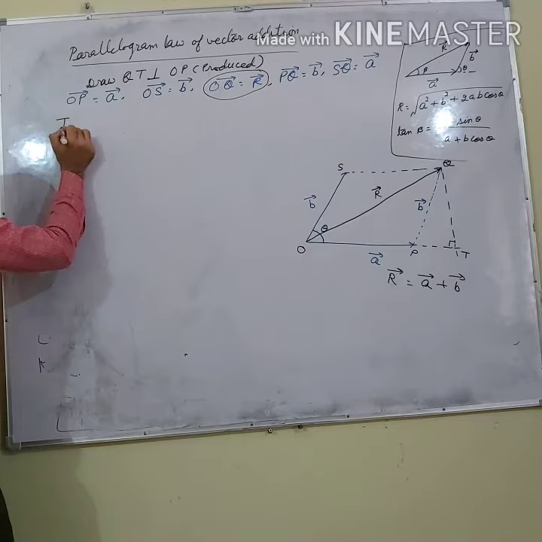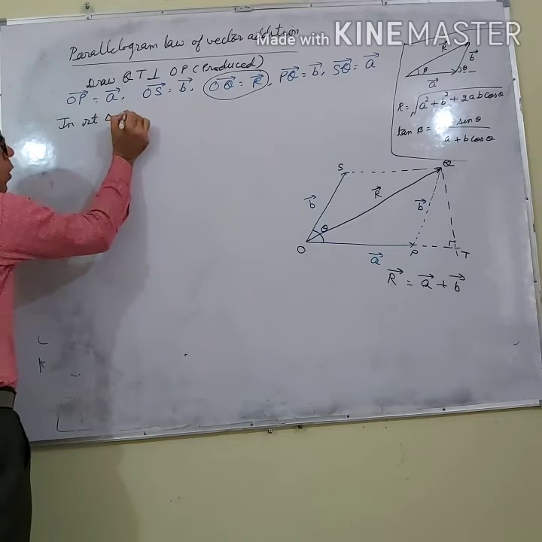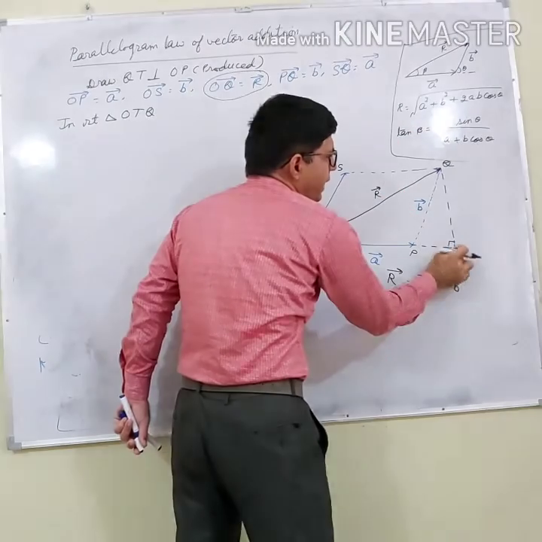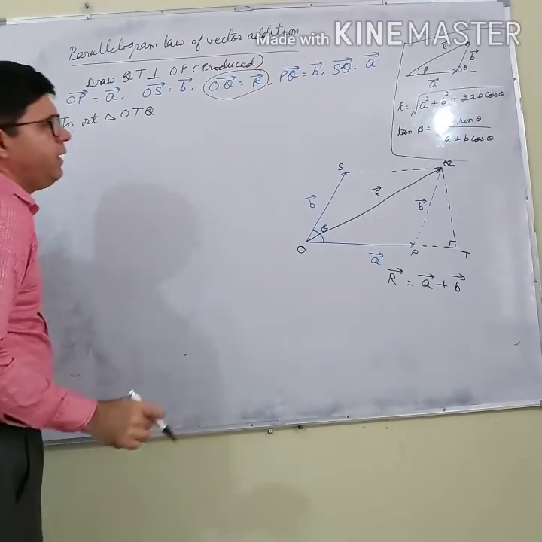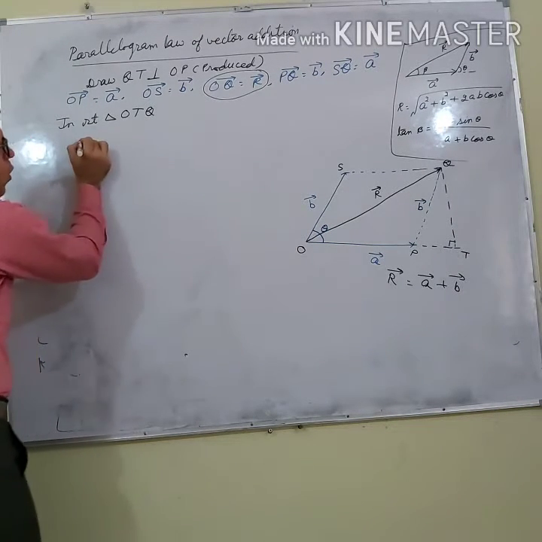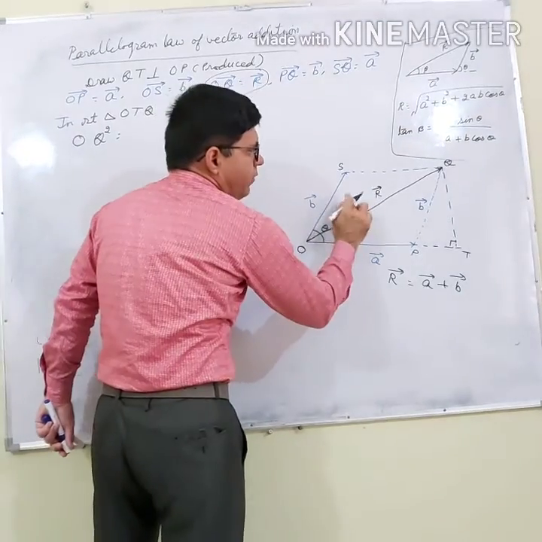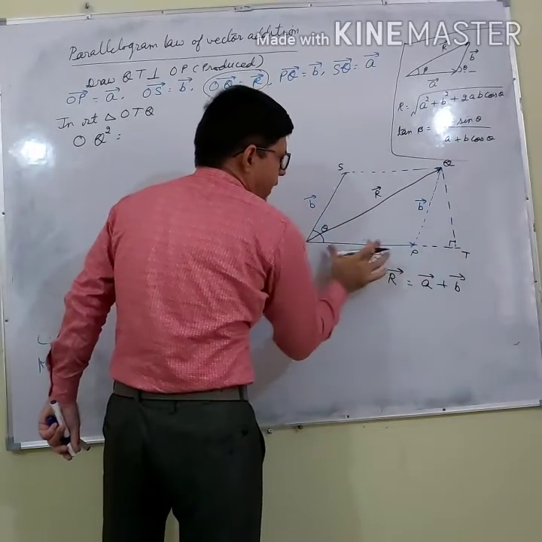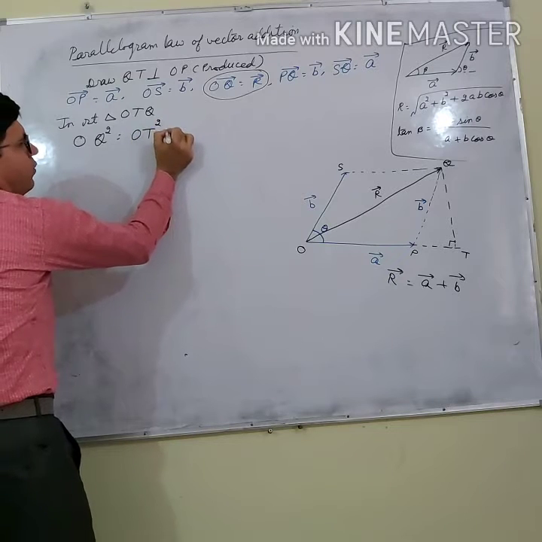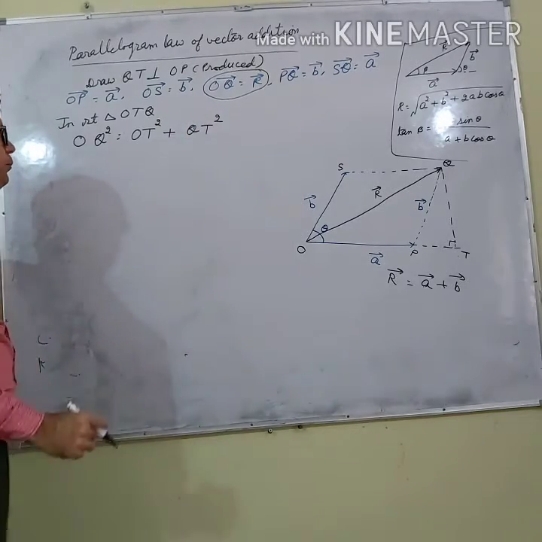Now the right triangle is OTQ. In right triangle OTQ, I know that OQ squared, which is the hypotenuse, with QT as the perpendicular and OT as the base, is equal to OT squared plus QT squared.